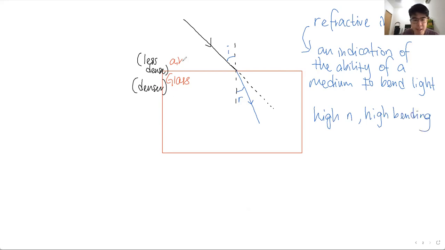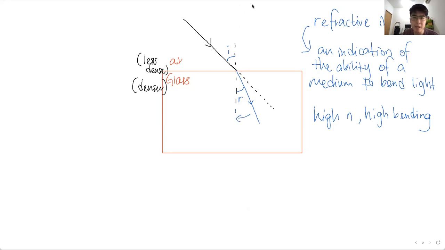If the glass has a high refractive index, then the refracted light ray will lean more towards the normal. The higher it is, the more it leans towards the normal down here.